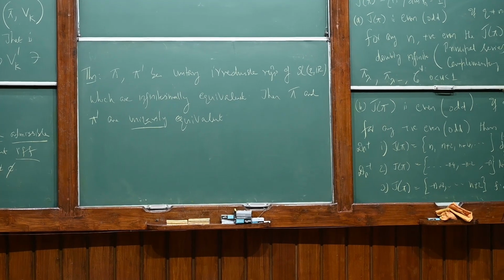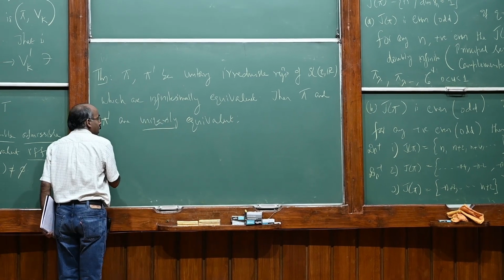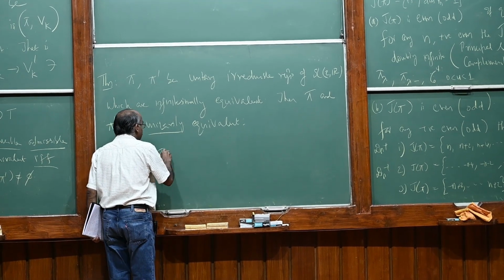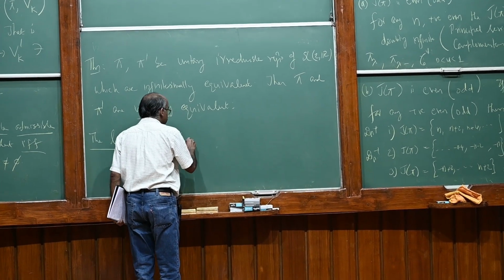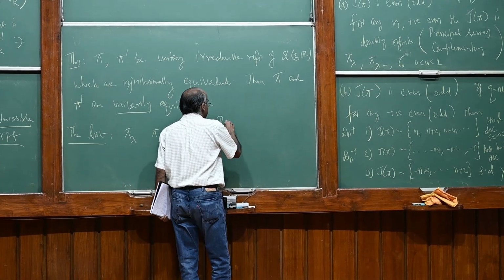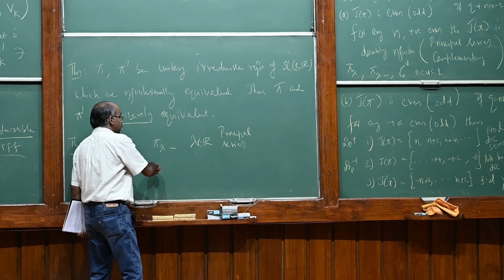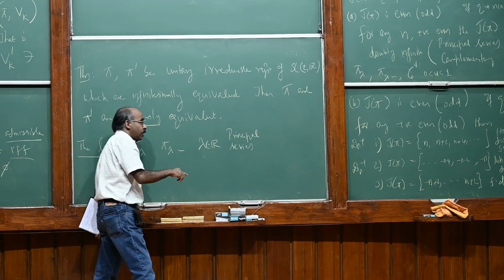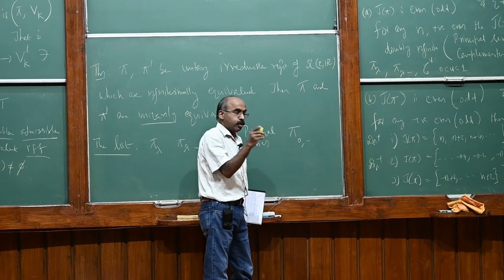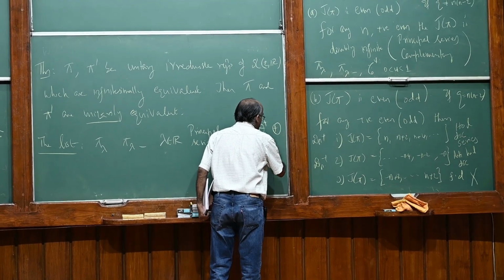Okay, so we have the list as well, right? So stop here. The list we have is the following. We have pi lambda minus, for lambda in R. This is the principal series. Among the principal series, this one is not irreducible when lambda is 0. Remember that: pi 0 minus splits into two, D1 plus and D1 minus.